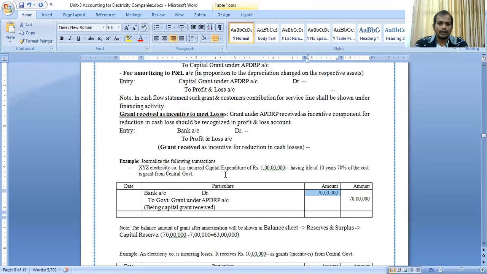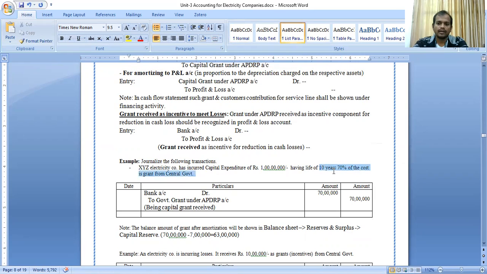So after receiving it, we have to amortize the amount to the profit and loss account. How much amount do we have to amortize? As the life of the capital expenditure is 10 years, we have to amortize 1/10 portion of the grant received.